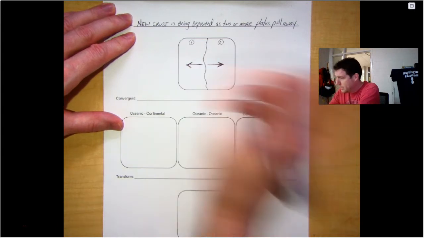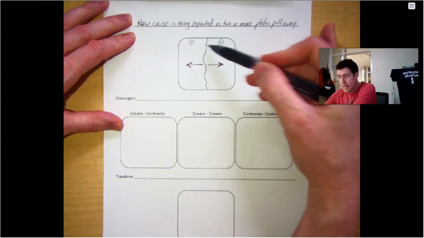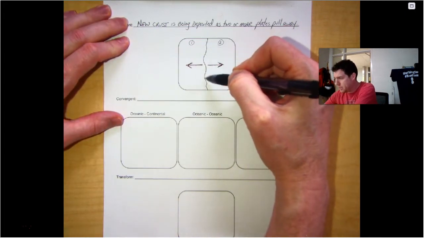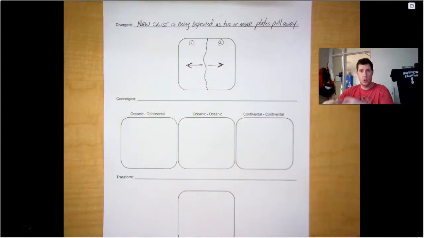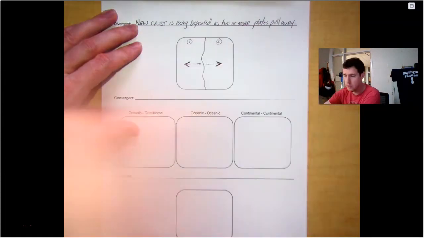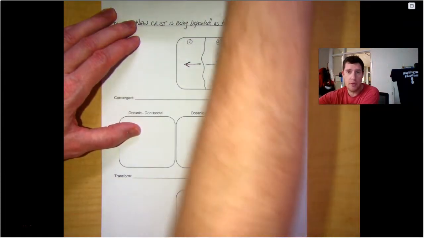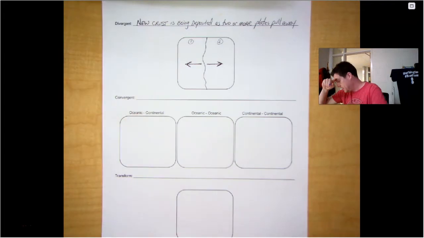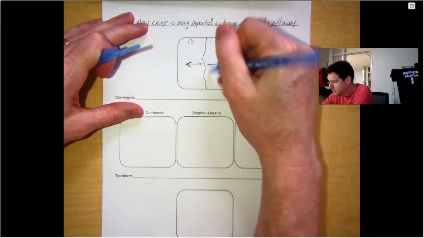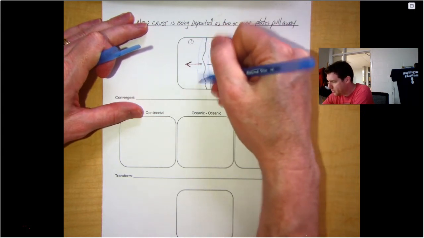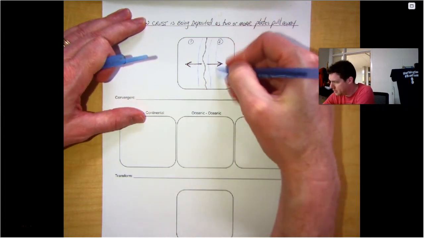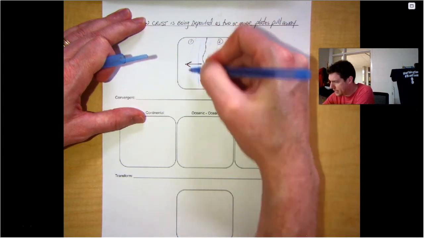Okay? Now, typically, as these break away from each other, they separate, typically you're going to get volcanic eruptions through here that will erupt and cool and harden and become new crust here. While, and you don't have to draw this part if you don't want to, what you end up getting is corresponding areas on either side of this boundary that are the exact same thickness and the exact same age.